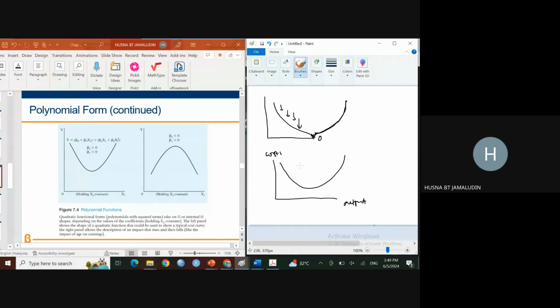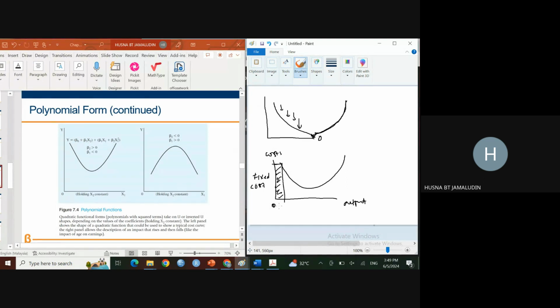So perhaps this is your fixed cost. Let me write here. This is your fixed cost. It is huge. But then when you start operating, this is your output when it is 0. So you incur only fixed cost.